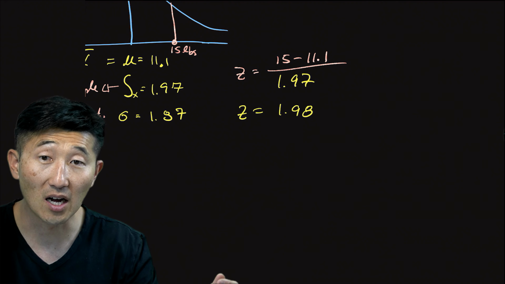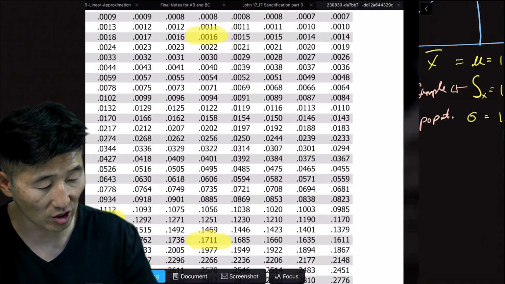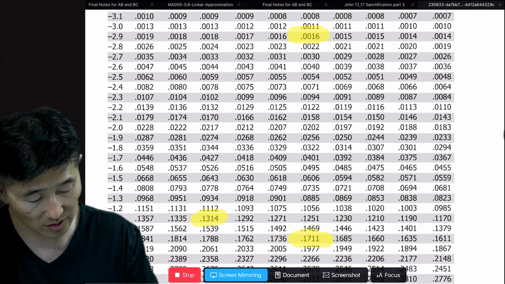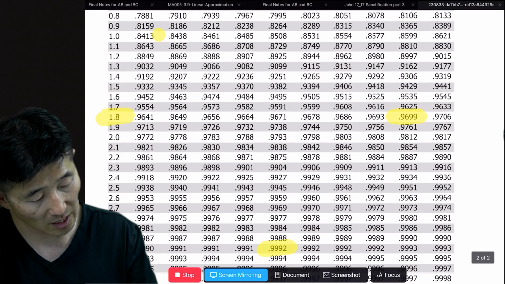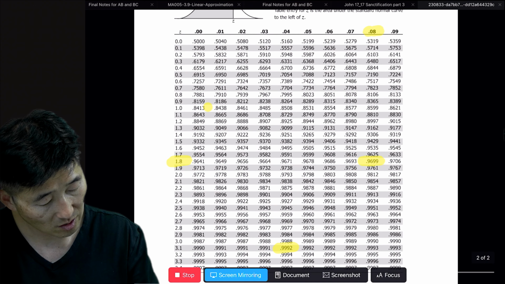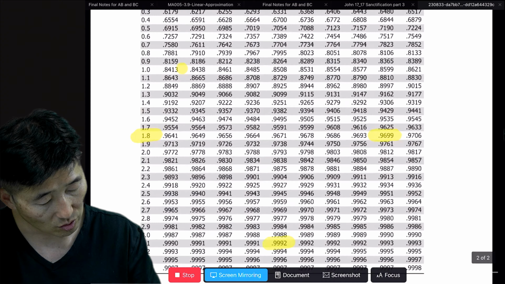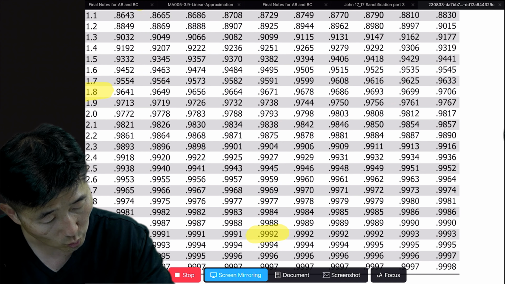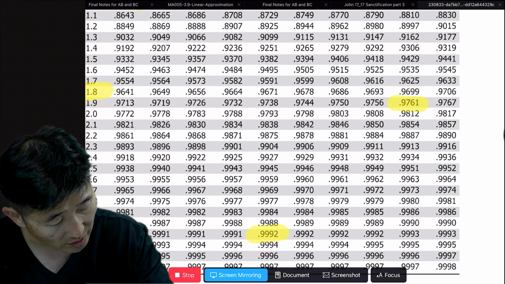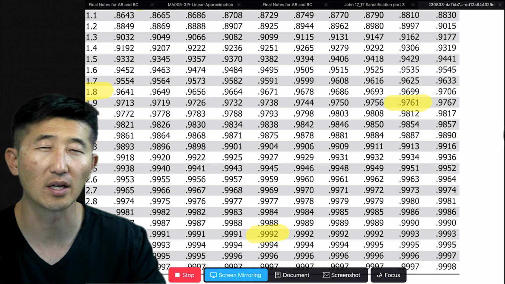Okay, now we go to the Z chart and go to 1.98. It's this one right here, 0.9761. Do you get that?